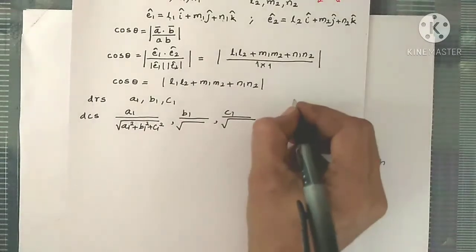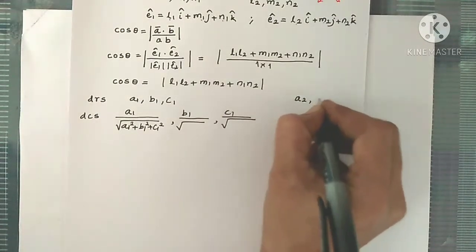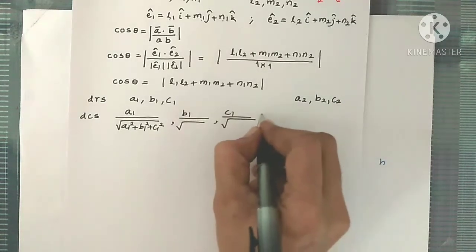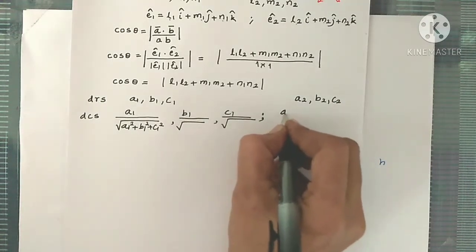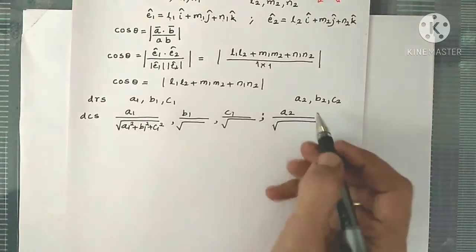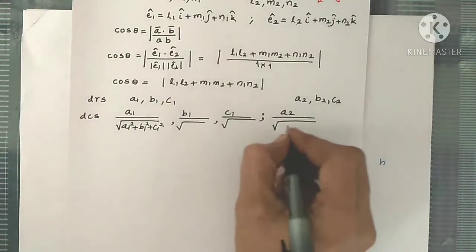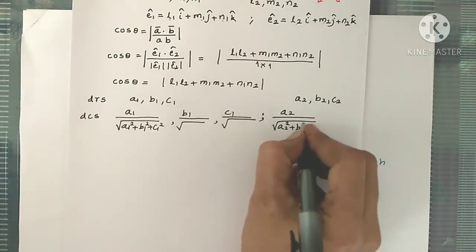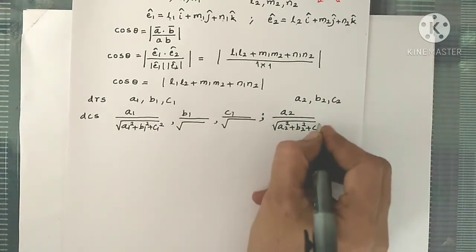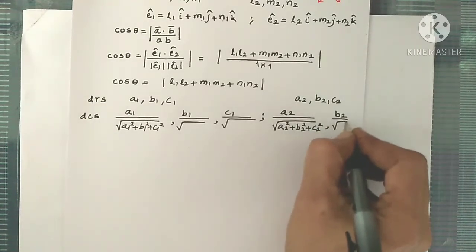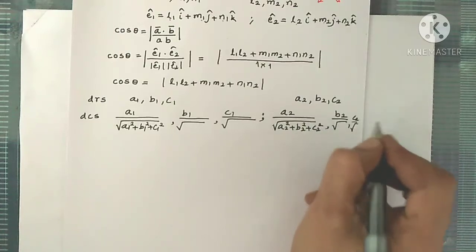Similarly for the second line: if the direction ratios are A2, B2, C2, then the direction cosines are A2 upon the square root of the sum of squares of all these three numbers, so it is A2 square plus B2 square plus C2 square. Similarly, here we have B2 by the root and C2 by this root.